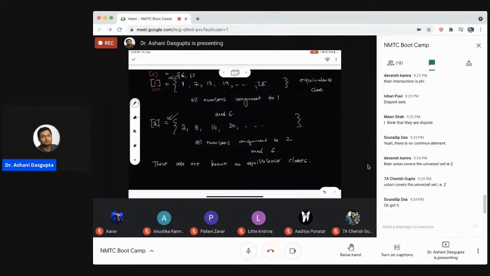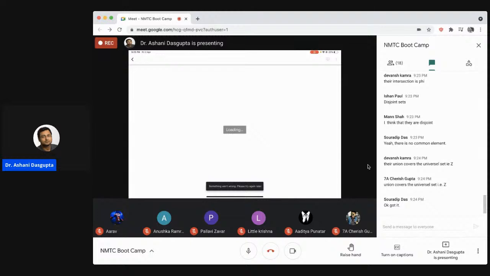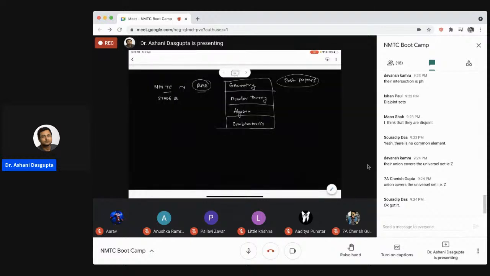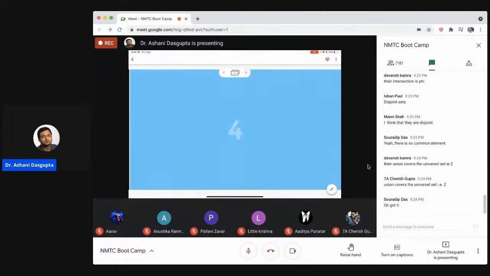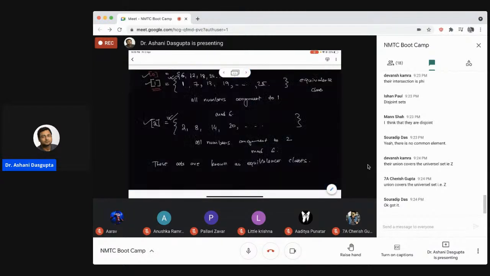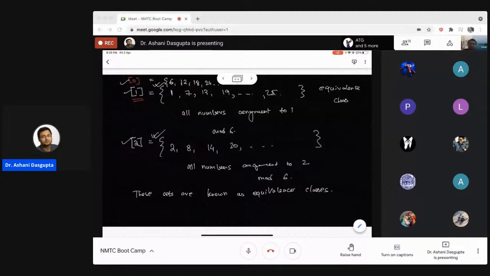So 6, 12, 18, 24, and so on. Similarly, we have 1, we have 2, we have 3. Can anyone tell me how many equivalence classes are there altogether?